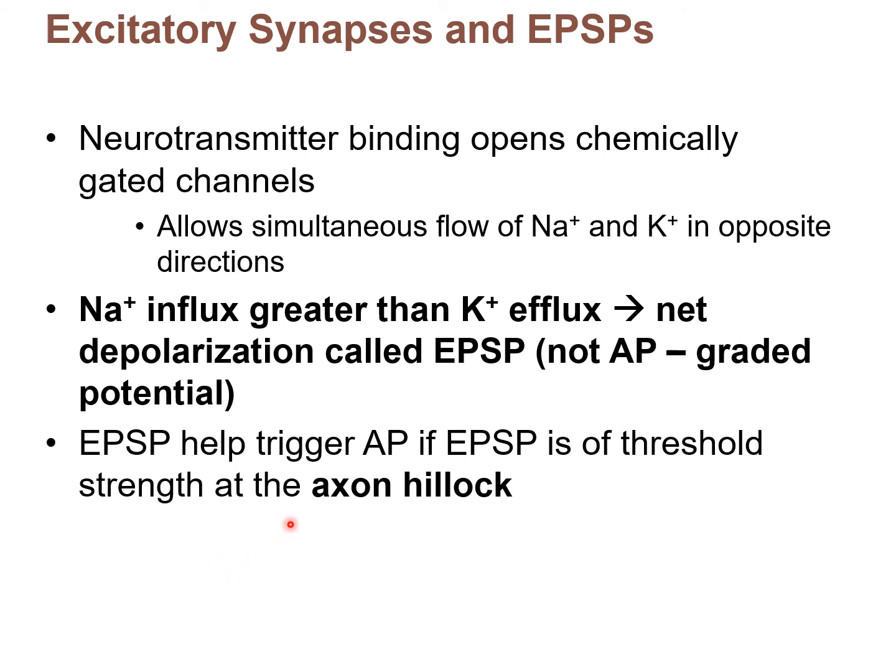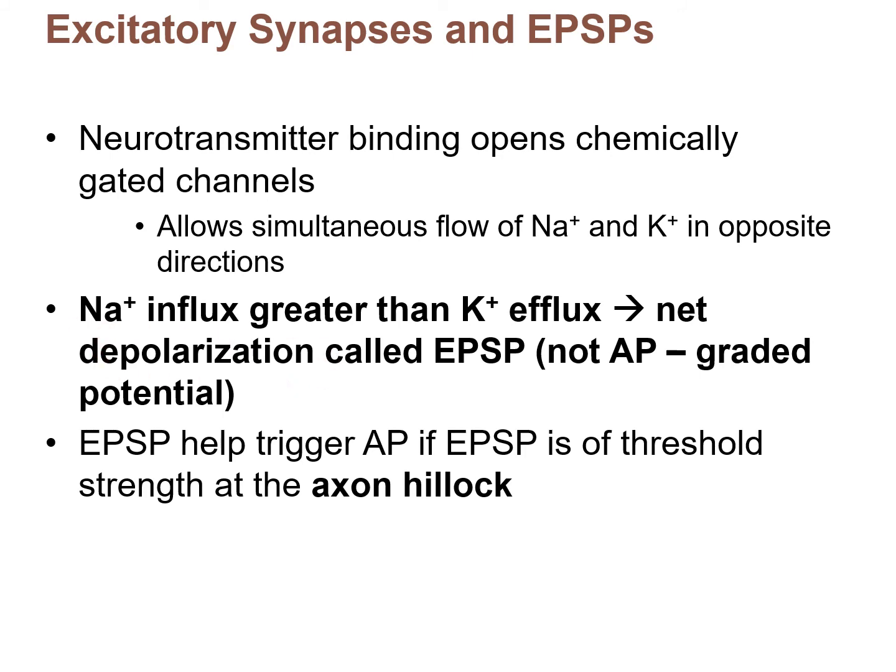If we're getting closer to 0, that means we're more likely to get an action potential if we're at threshold at the axon hillock. So an excitatory postsynaptic potential means sodium going in is greater than potassium rushing out, resulting in depolarization.